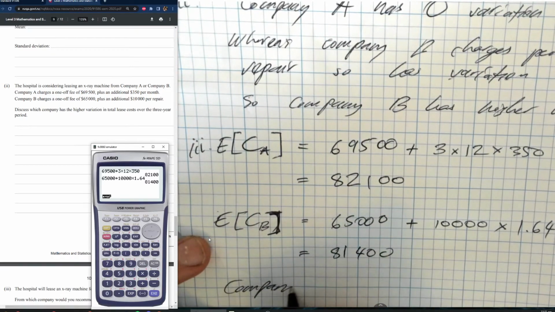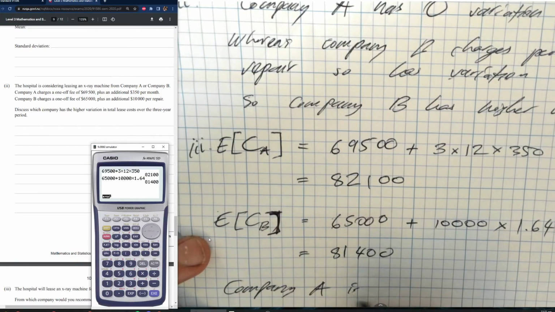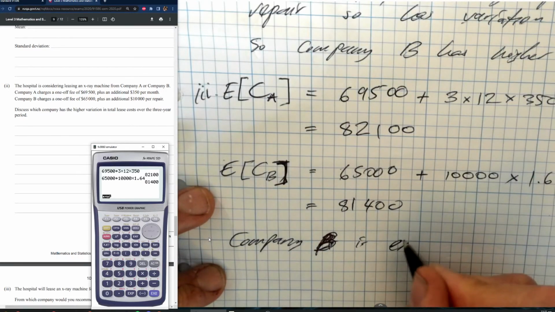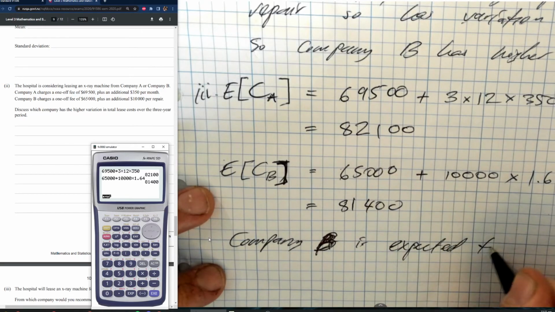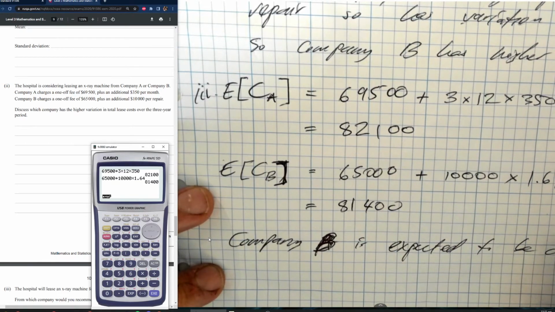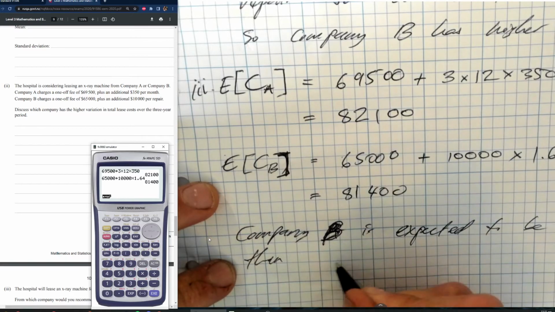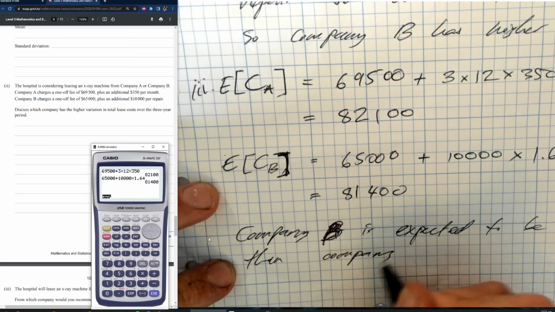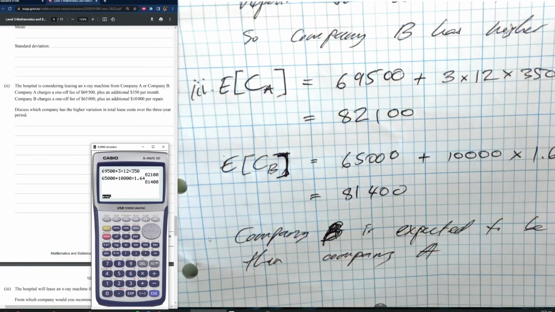Company B is expected to be cheaper than company A. And what is the question again?